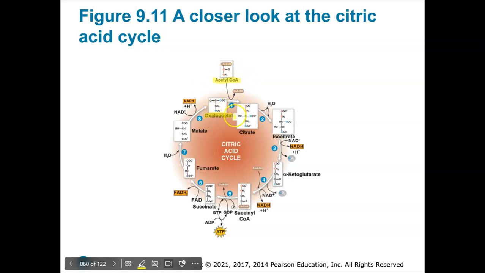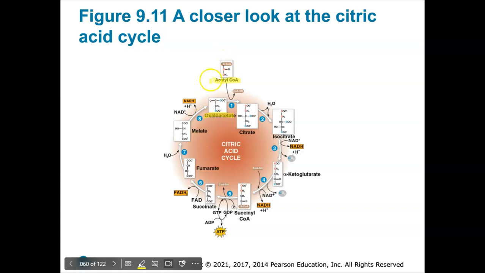Acetyl-CoA combines with oxaloacetate and forms citrate. The reason it's called the citric acid cycle is that anytime you have a chemical that has ATE on the end, citrate, pyruvate, malate, fumarate, you can also say citric acid for citrate, or pyruvic acid for pyruvate, or lactic acid for lactate. Now, I do want you to know this first step.